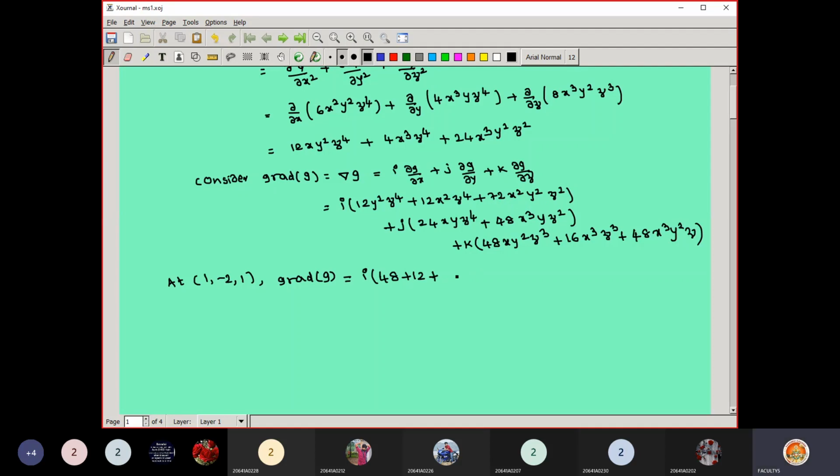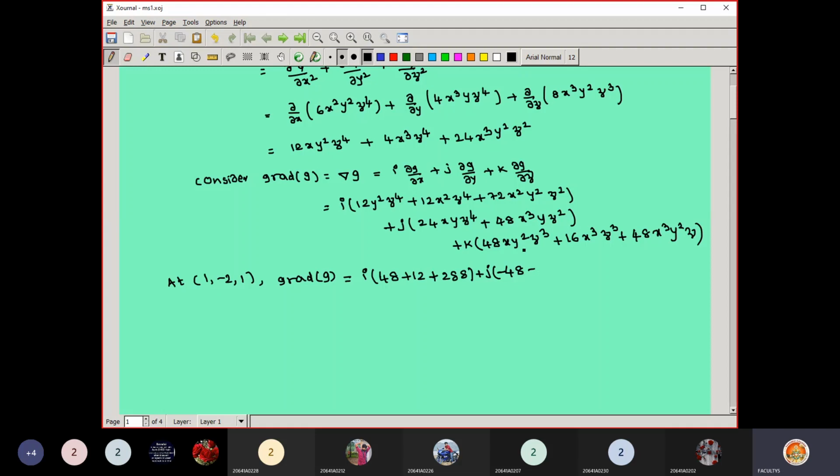So 4 into 72, how much? 288. Okay, 288. Similarly, plus j coming to this 24 x y, y value minus 2. So minus 48, plus 48 x cube is 1, y value minus 2, z square is 1, and minus.